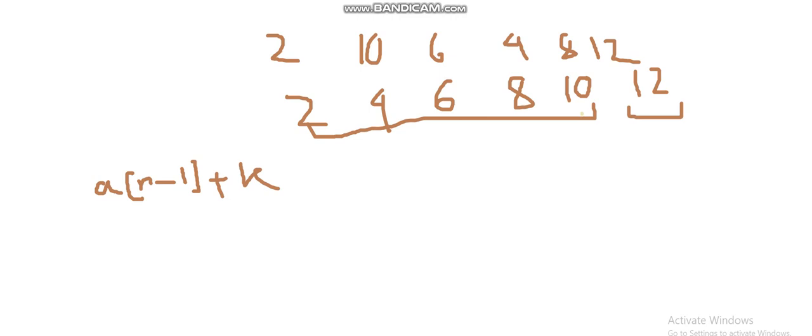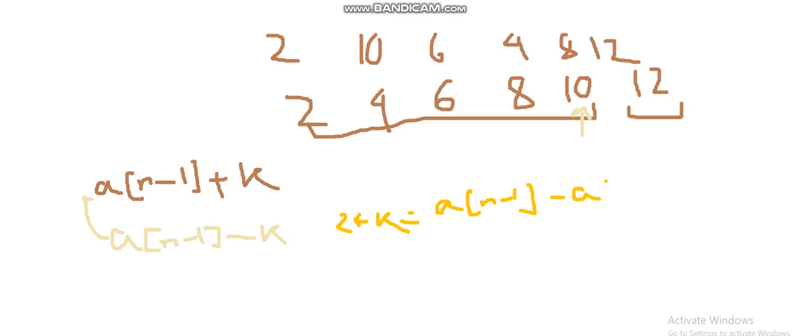Let's say a of n minus 1 minus k is the last element of lower. If we take the absolute difference between these two, then we will get 2 into k. So 2 into k will be a of n minus 1 minus a of i, if we traverse on the last element of lower.